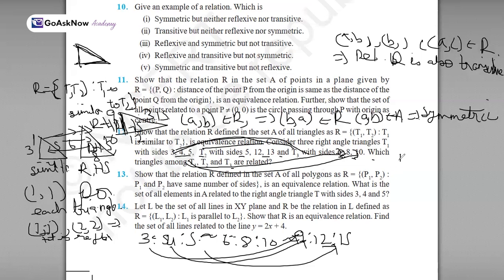So T1 is similar to T3, and T2 is another type of right triangle.